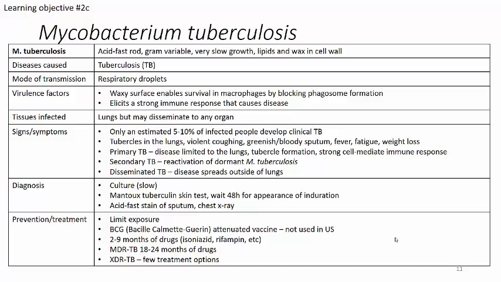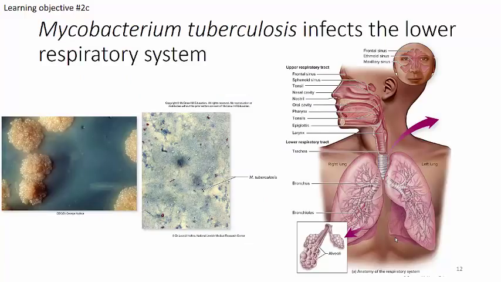If you do have TB, it's a minimum of 2 all the way up to 24 months of drug treatment. In mildly drug-resistant or MDR TB, you have to do 1.5 to 2 years of drug treatment. In extensively drug-resistant TB, there are very few treatment options, and it's often fatal.